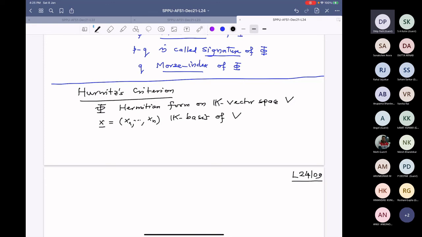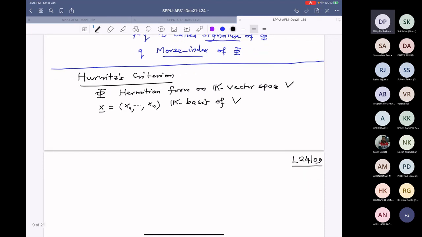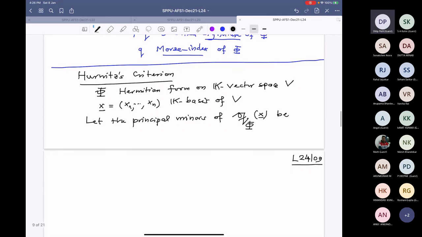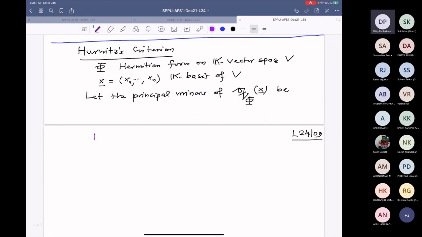Then we know that this form phi is determined completely by the values on a basis, that we have seen. And now I am writing the principal minors of that Gram matrix. So let the principal minors of the Gram matrix of phi with respect to this basis be, so I am going to start with D0.